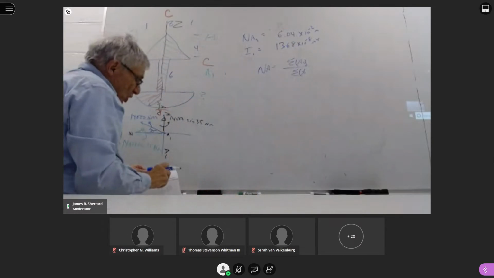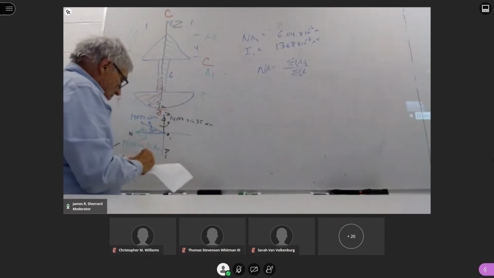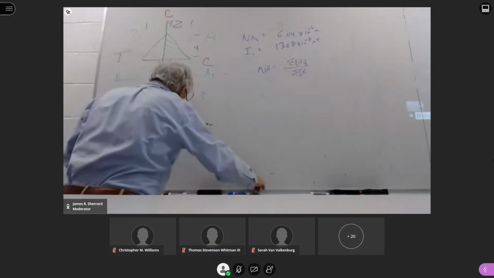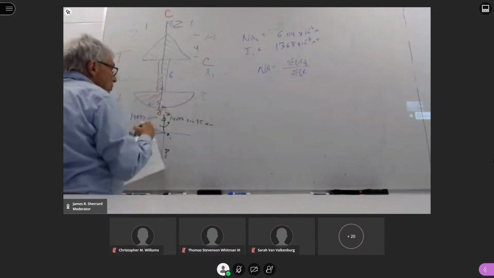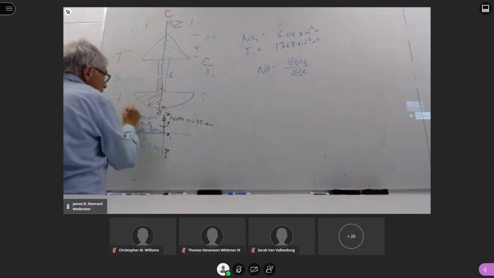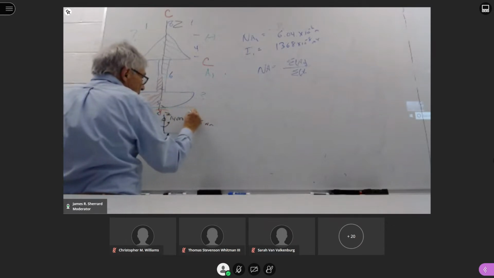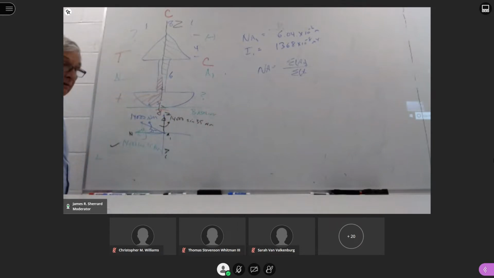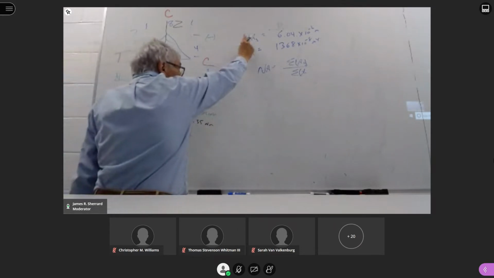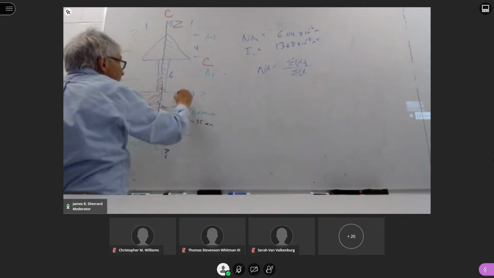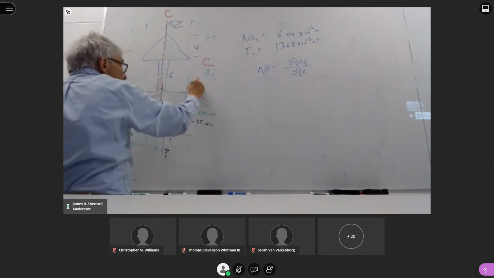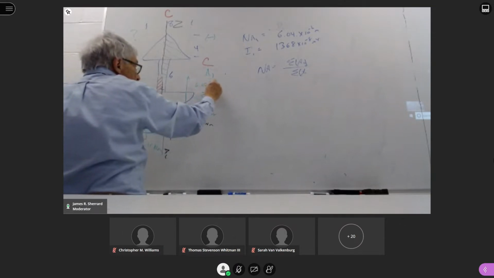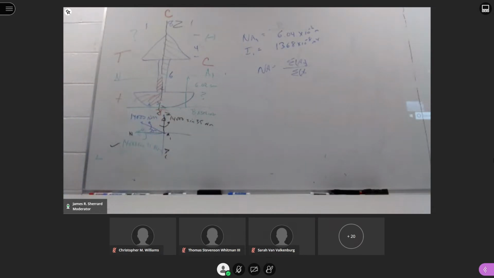The next thing I would do is go back in and label that neutral axis, because we've used this as our baseline. So the value that we found from the baseline to the neutral axis was 6.02 centimeters.